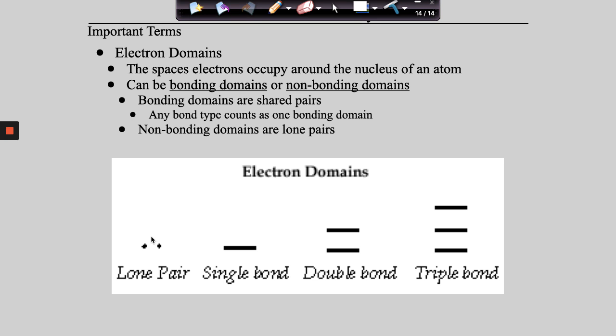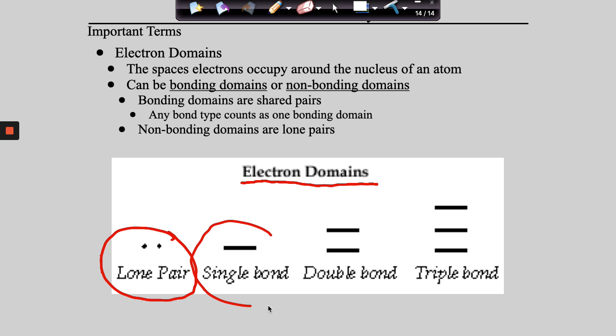You'll notice that there's a place in your notes to draw this picture. I think it would be worth doing. So talking about electron domains, there are actually 4 things that count as electron domains, and each of these alone counts as one domain. So a lone pair, that counts as one domain. A single bond, that counts as one domain. A double bond, that counts as one domain.